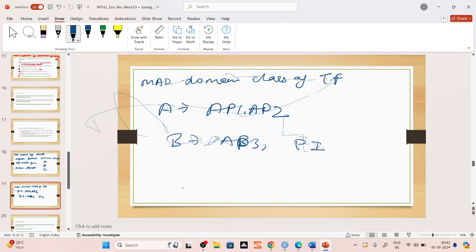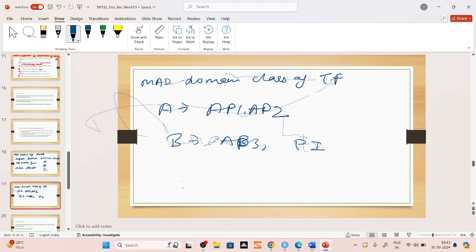So always remember there are three functions, A, B, and C, and these functions are provided by MADS box genes. A is provided by Apetala 1 and Apetala 2. B function is provided by two different MADS box genes, Apetala 3 and Pistillata, known as PI. And C function is provided by the MADS box gene Agamous, in short AG.